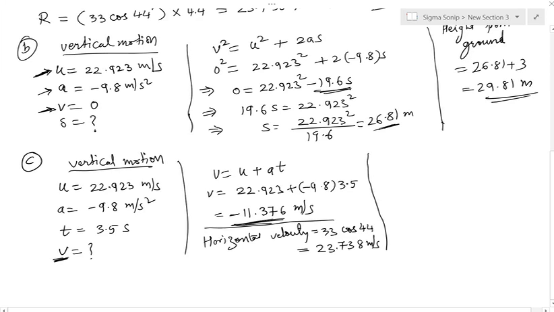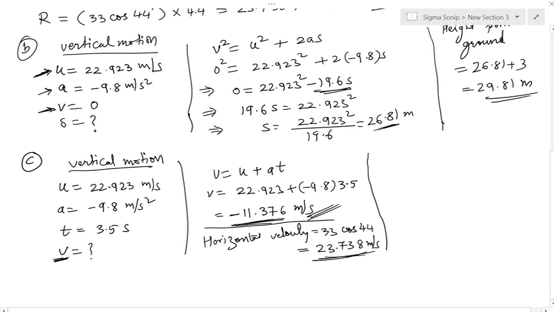Now all we need to do is add this horizontal velocity with that vertical velocity to get the total or net velocity of the projectile at t equals 3.5 seconds. So we draw them and vectorially we add them together.